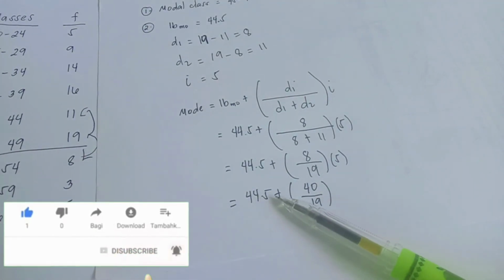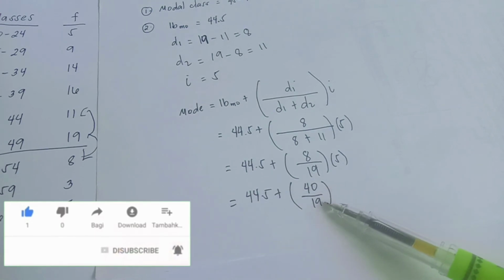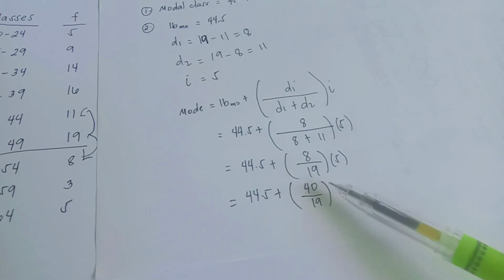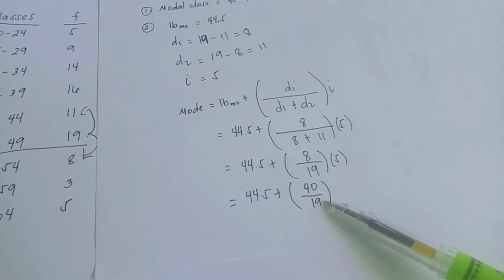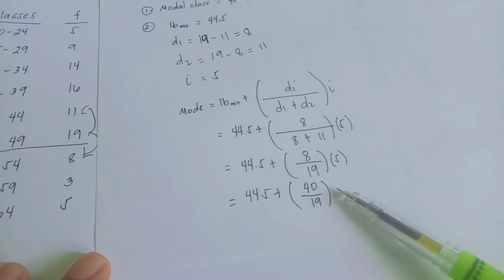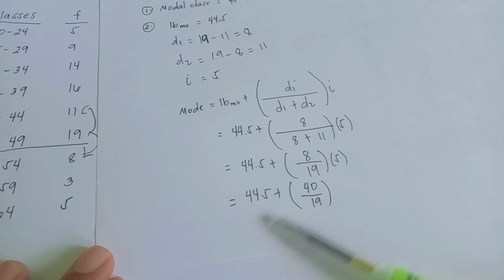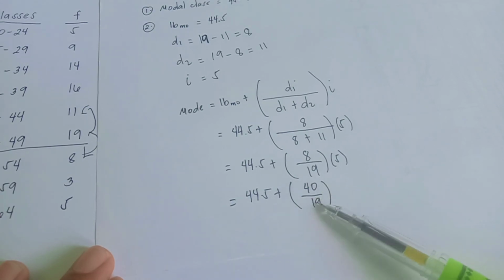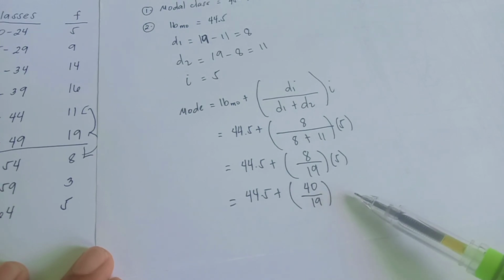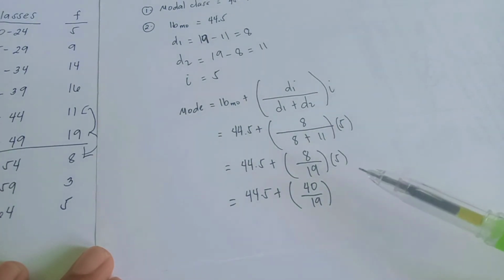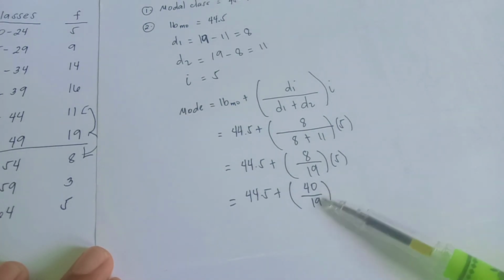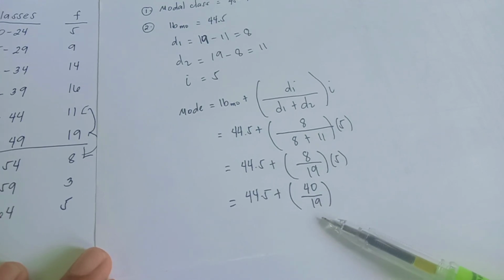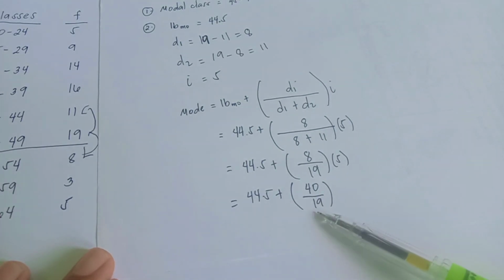So 44.5 plus 40 divided by 19. So para hindi kayo mahirapan, dapat always silang katabi ang calculator. Okay, so 40 divided by 19 is equal to 2.10 and so on. So pwede naman siyang i-round off. So 2.1.